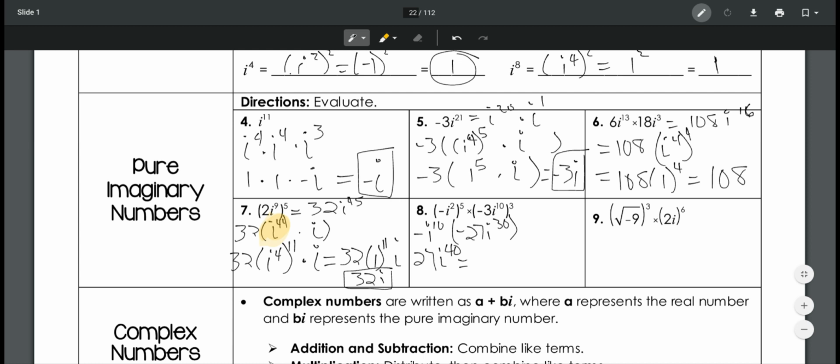Now, since 40 is an even exponent on my i, I'm either going to have an outcome of 1 or negative 1. I just have to figure out which one that's going to be. So 27 i to the 4th raised to the 10th power, use that power property backwards. That would be the same as 27 times 1 to the 10th, which just gives me 27 total.